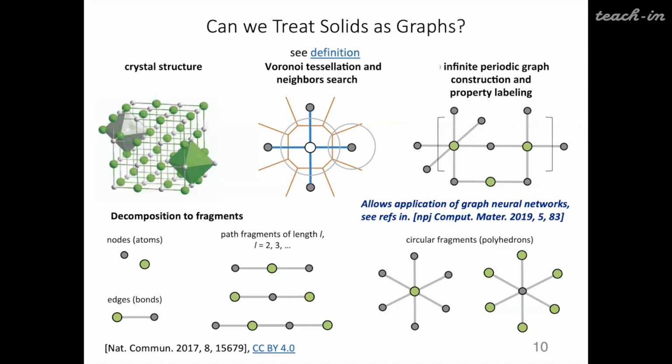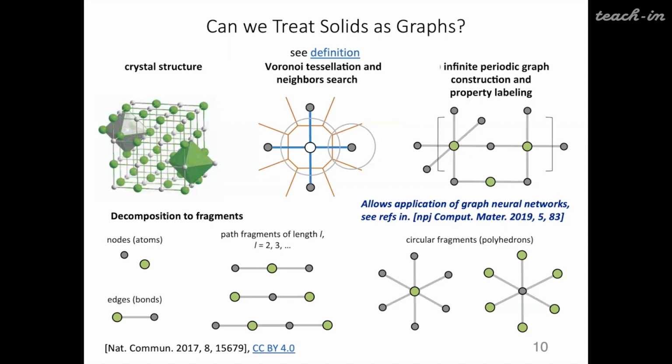These can be decomposed into fragments if we are interested in node properties or edge properties, or even in path fragments. Of course, in this step, we can assign features to atoms or edges, for example. And this is done in many applications that I will mention further.